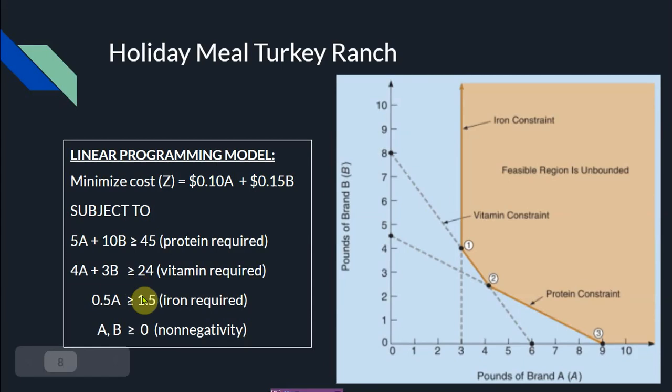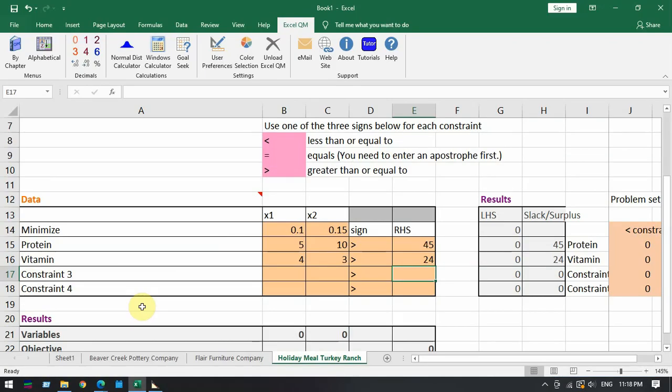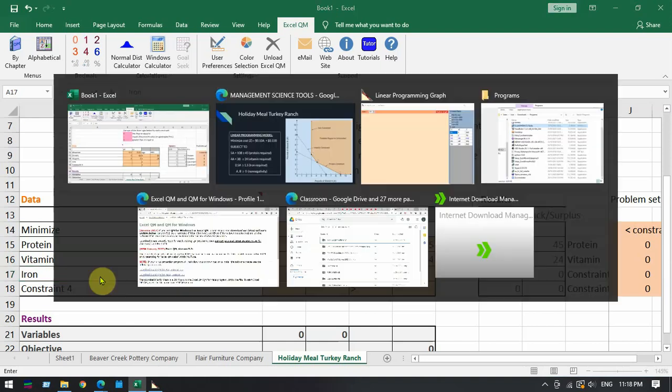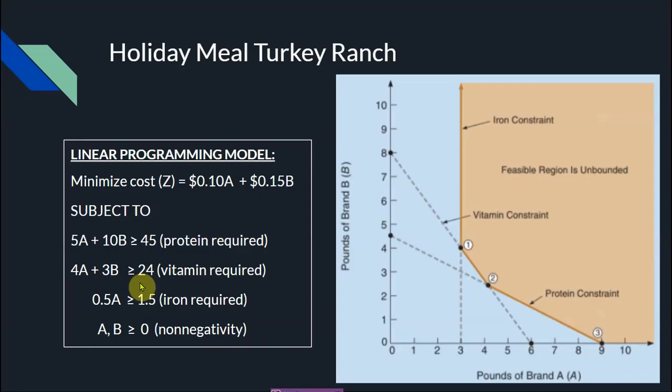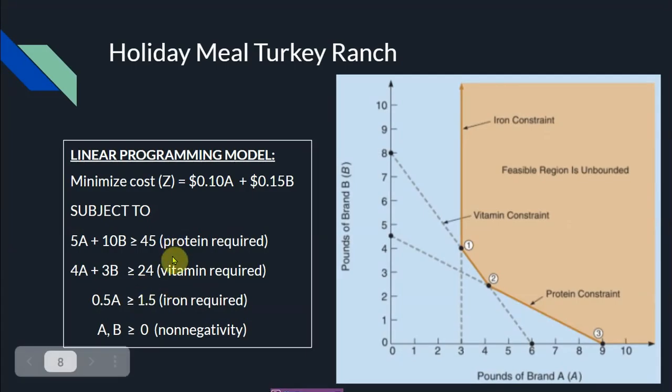And then our third constraint is 0.5 of A, for iron. Anyway, let's see, because we actually have just 3 constraints here, right? And the other one is the non-negativity constraint.